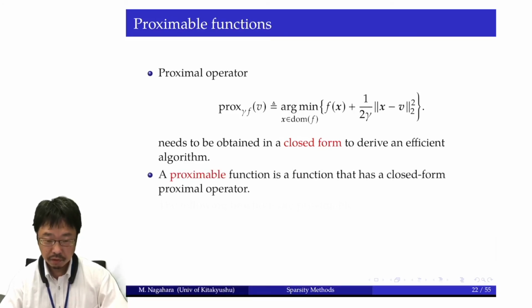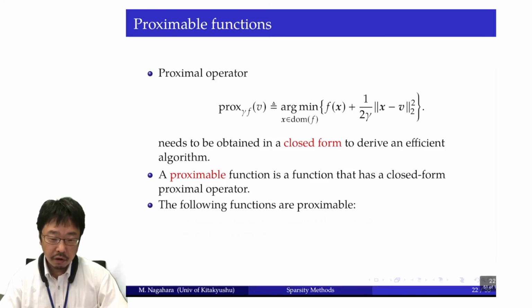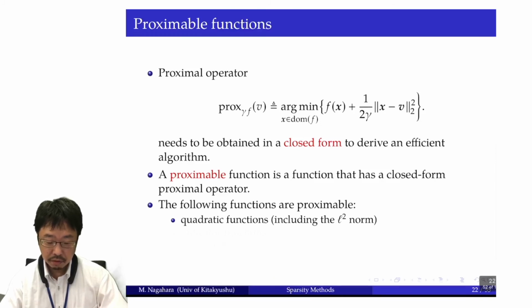A proximable function is a function that has a closed form proximal operator. It is well known that the following functions are proximable: quadratic functions including the L2 norm, indicator functions, and the L1 norm. Let's look at these functions.